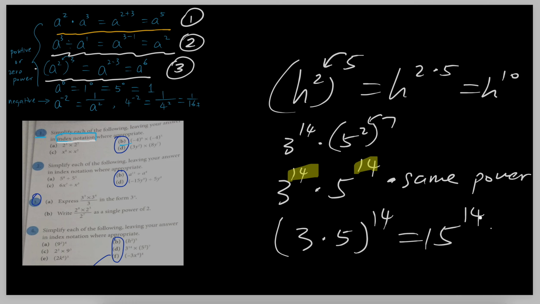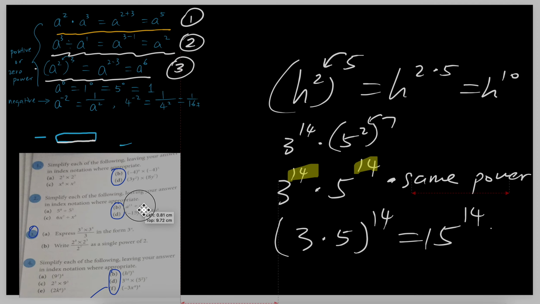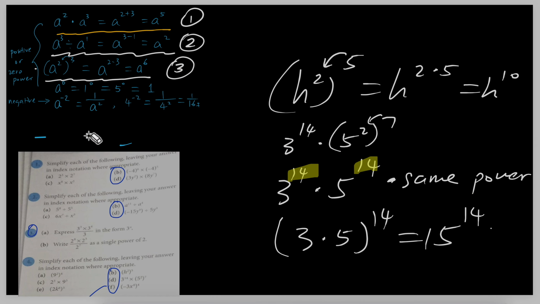Are you clear? So there is one more rule, which is our fourth rule, is, what about same power? So when you have the same power, you put the power out times the base together.